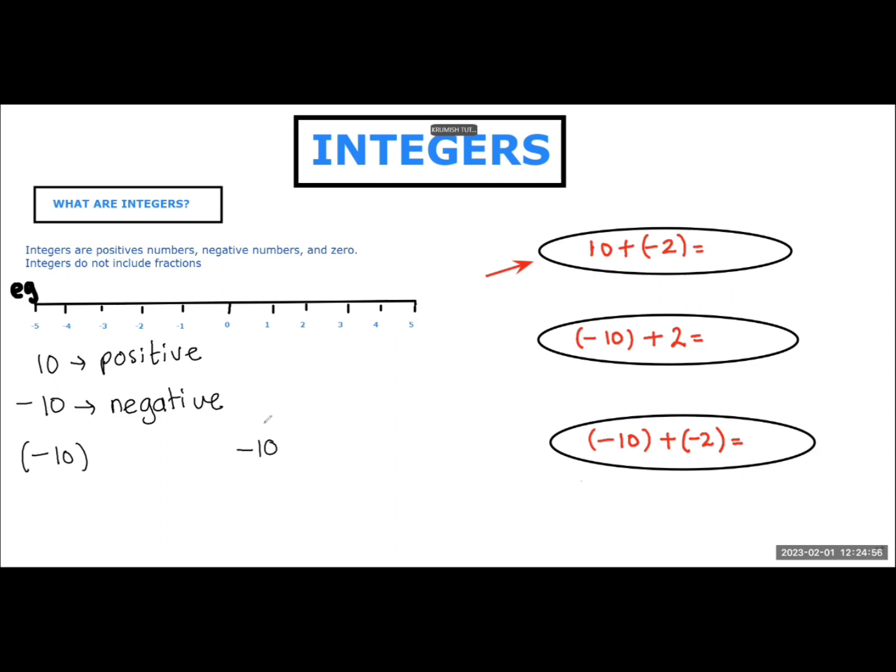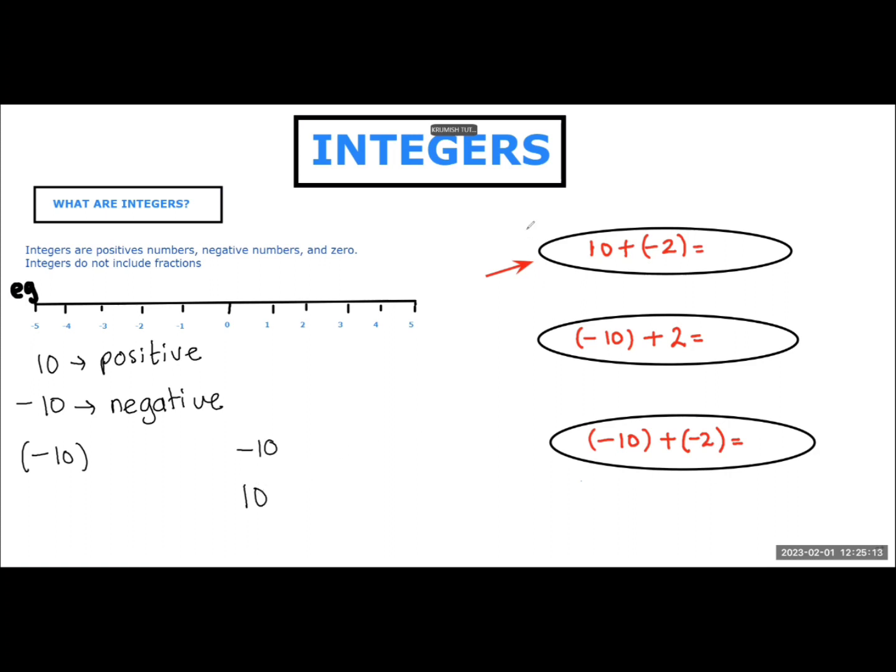Negative numbers can be seen as something that is owing. For example, if I owe you 10 Rand, this is how I would write it. If I have 10 Rand, that's how I would write it.